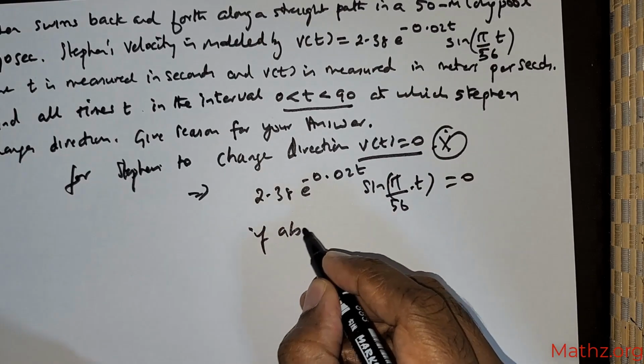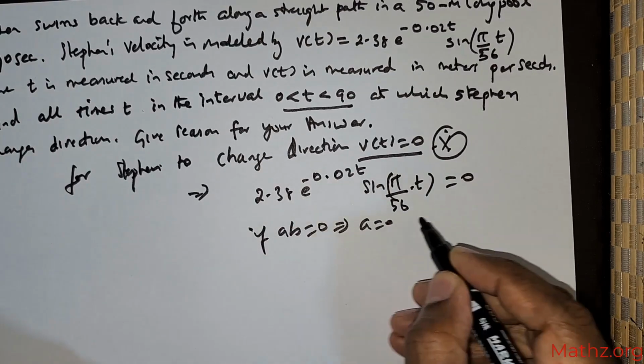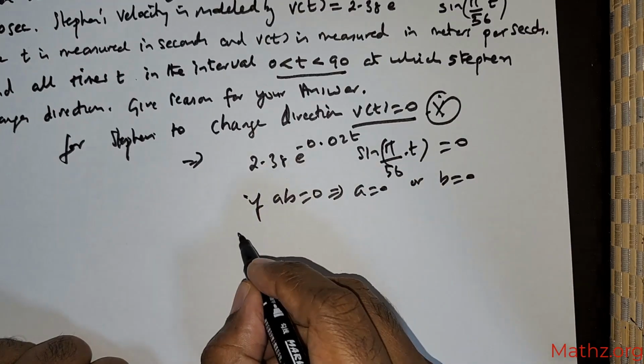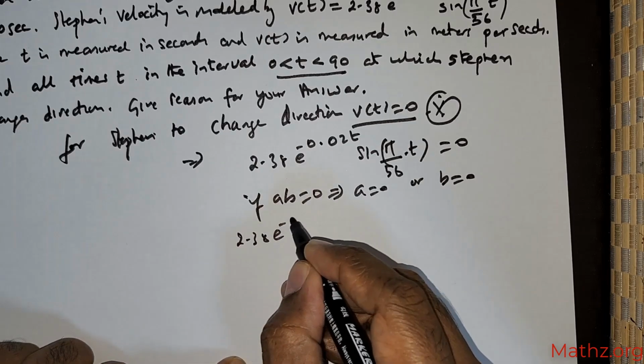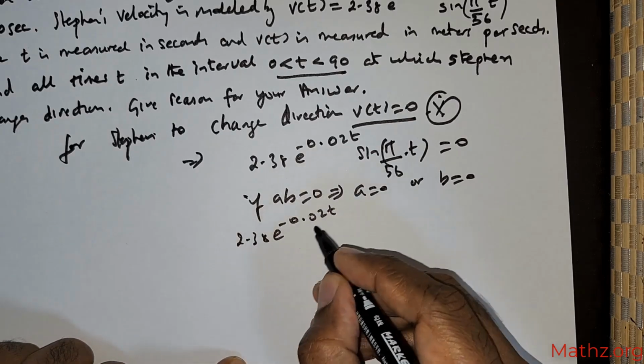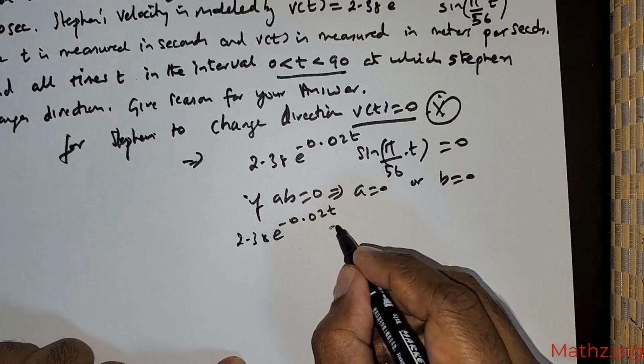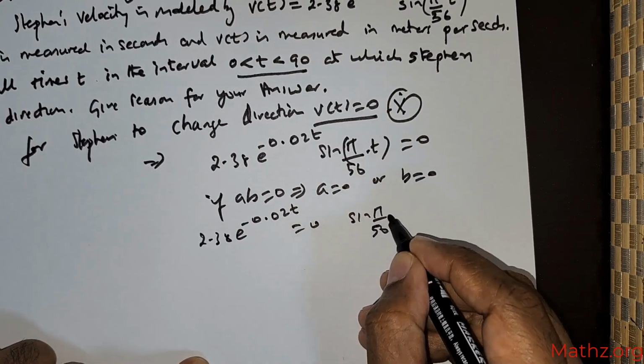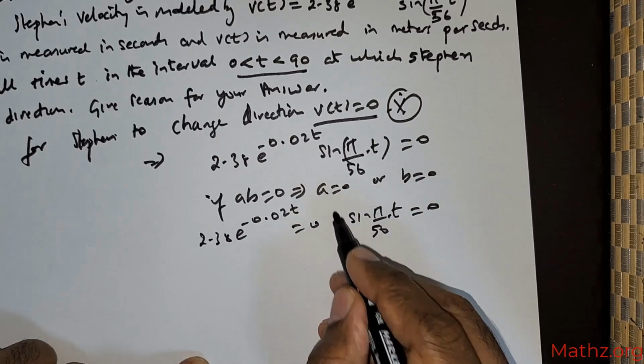Now if AB is equal to 0, this means A is equal to 0 or B is equal to 0. So from here 2.38 e raised to the power of negative 0.02 times t should be equal to 0, or sine pi over 56 times t should be equal to 0.